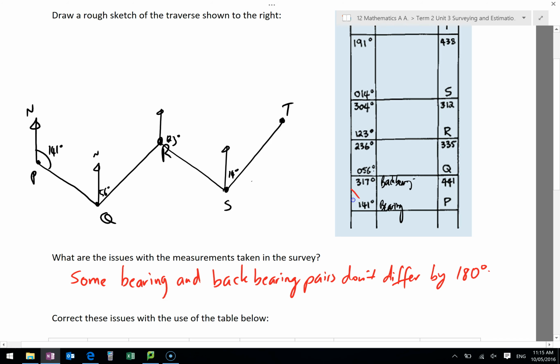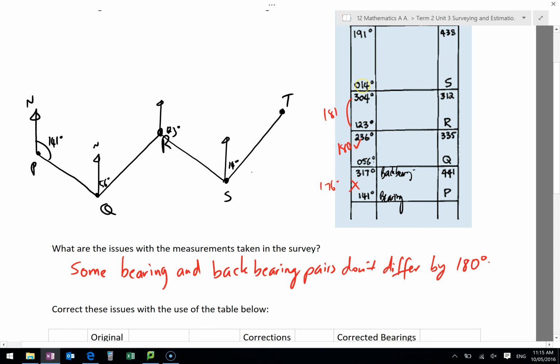We know that this one didn't because it was 176 degrees. The difference between these two is 181. This one's okay. And this one's 177 degrees. So they don't differ by 180, meaning we've got some error there.